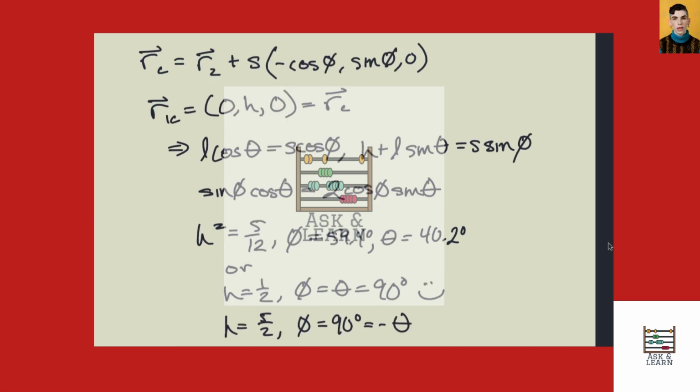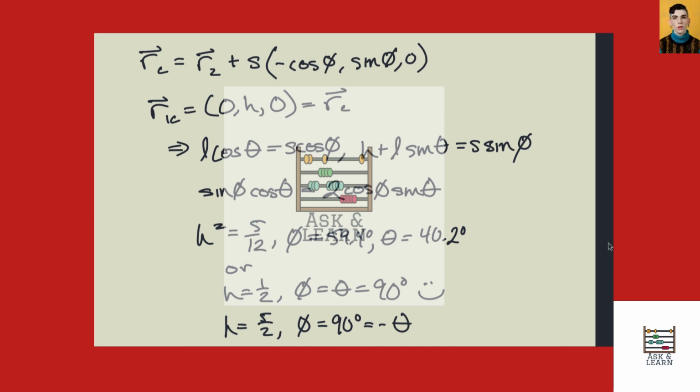But anyway, it's just a bunch of manipulating trig functions, and it turns out that you get a rather simple expression for h squared. Given the length of the rod was 1 meter and the length of the cable was 1.5 meters, you get h equals the square root of 5 over 12, which, considering this ugly mess of functions, is pretty surprising.